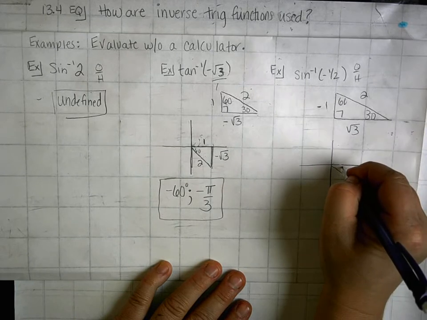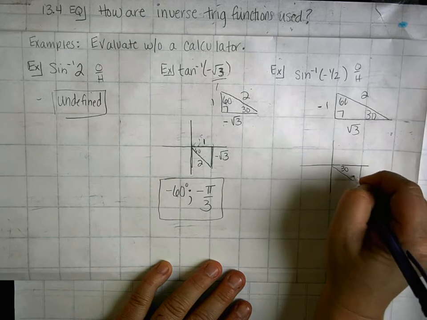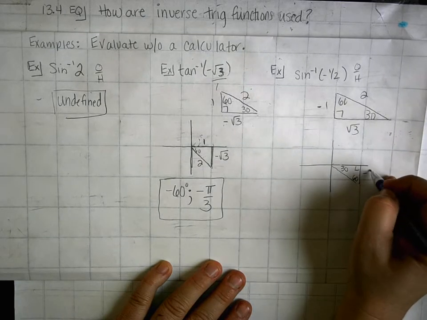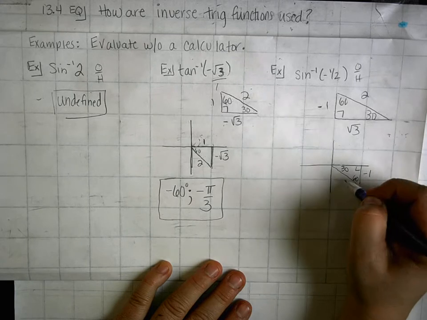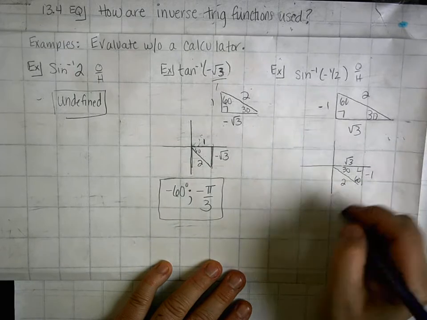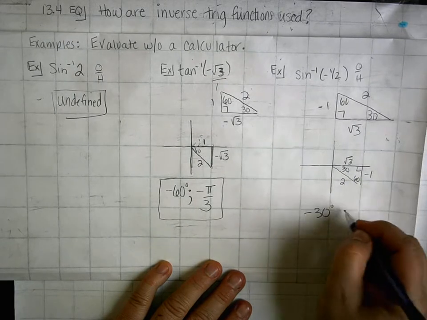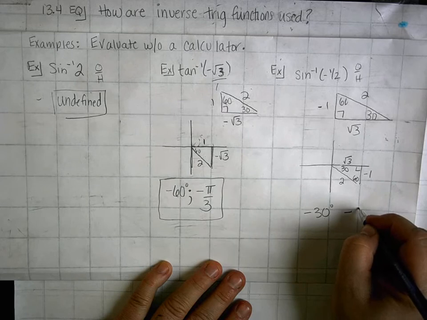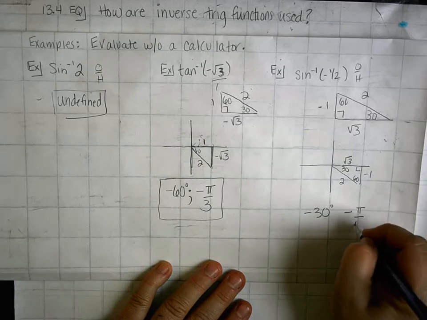So when I draw my 30, 60-degree triangle here, I know that the negative 1 has to be opposite, and I'm looking at negative 30 degrees, or negative pi over 6.